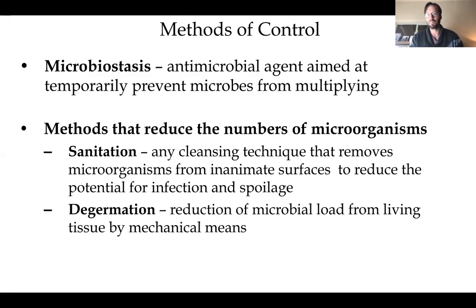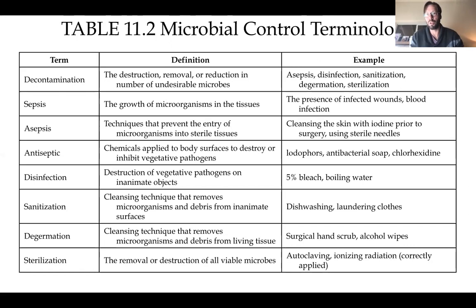So sanitation, inanimate. Degermation, animate, disinfection, inanimate, antisepsis, animate. So these terms you'll need to know because they apply specifically to different methods and different targets or different subjects that are being reduced in microbes.